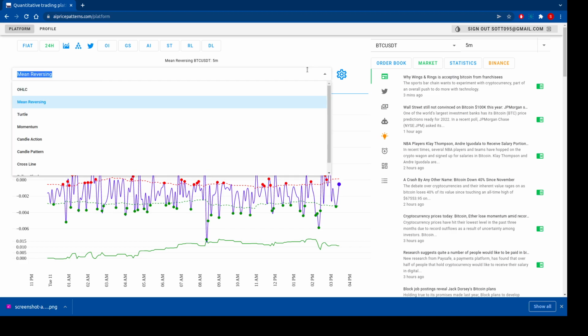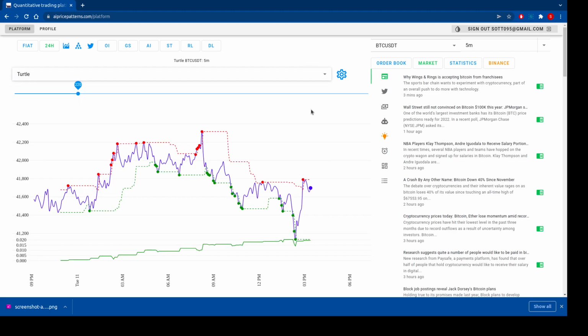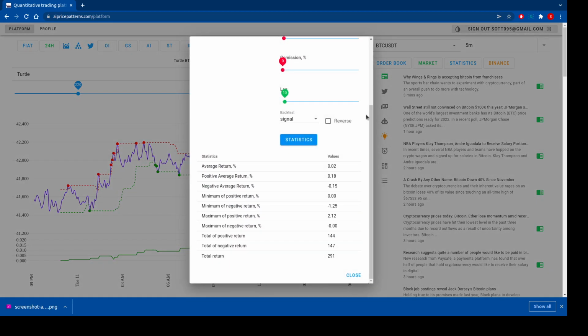For example, let's look at another strategy like turtle. Okay, for example, it looks great when we see the price and we have some resistance line or support line, some channel, and we could check how it's working. Okay, it's fine.